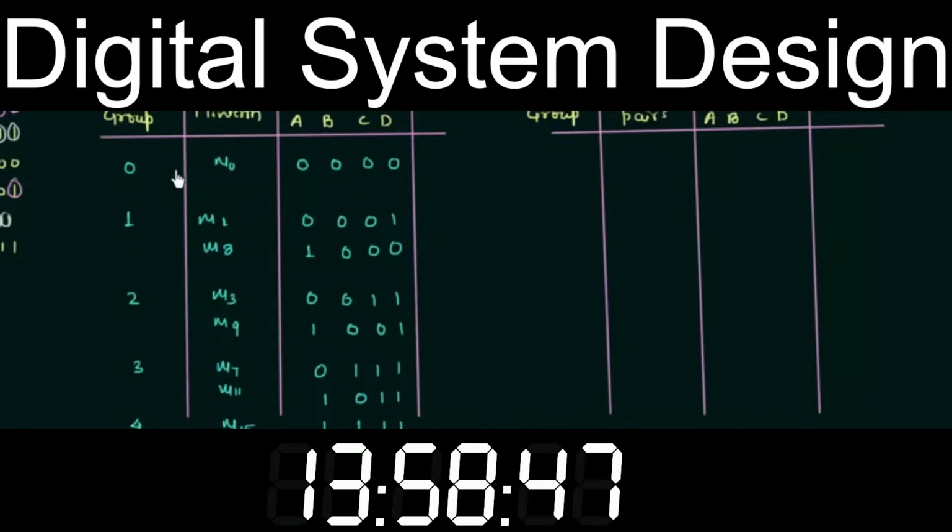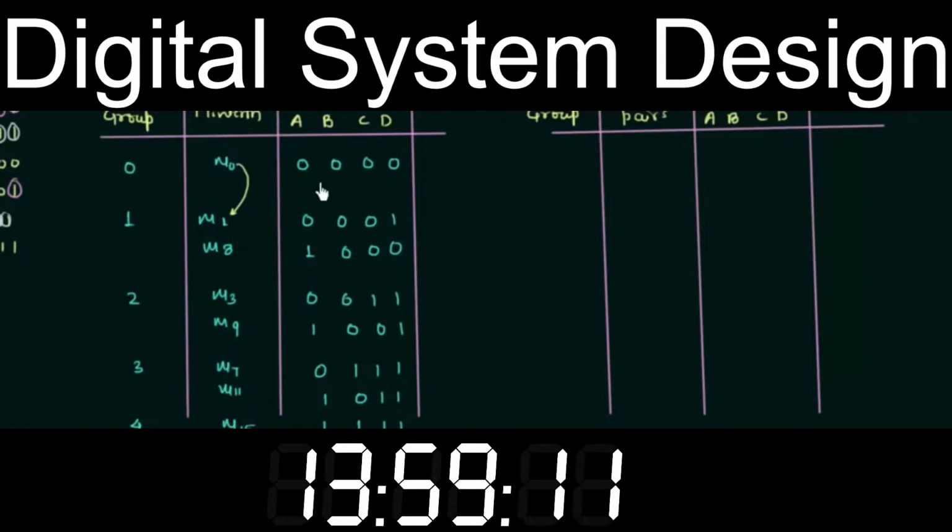So a matched pair is nothing but a pair of minterms which only differ by one variable. Very simple. If we compare the minterms of group number 0 with the minterms of group number 1, for instance, let's say I'm comparing M0 with M1, then it is a matched pair only if there is a difference of one variable.